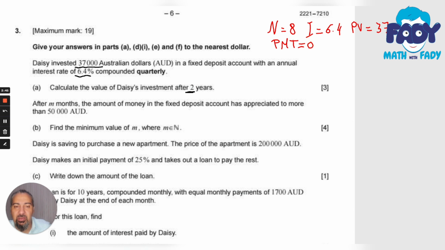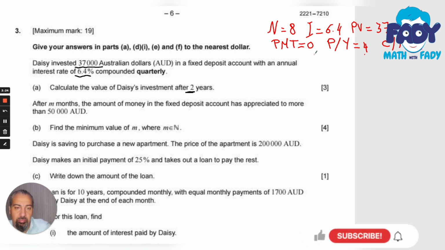This will be 0, since we are not dealing with payments every month here. Lastly, we have PY, which is 4, and CY, compounded 4 times a year. This is quarterly, and also compounded 4 times a year, the same as that.